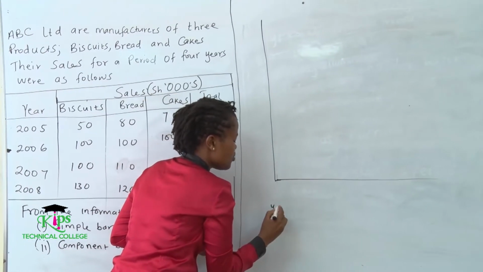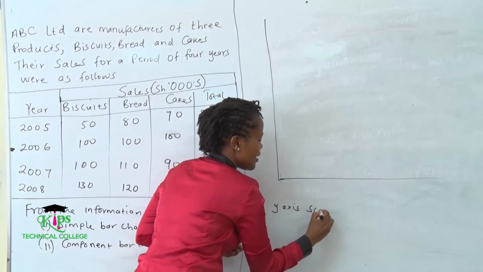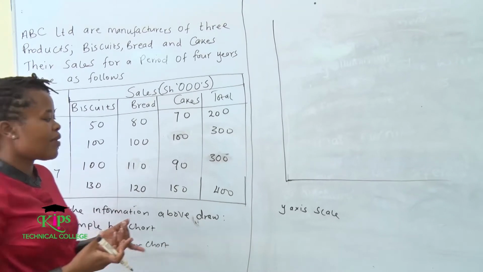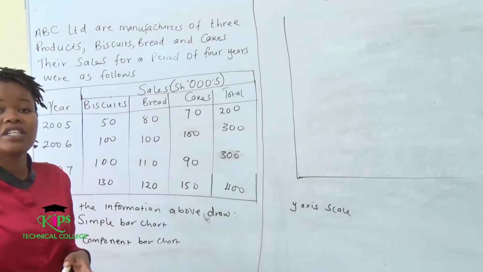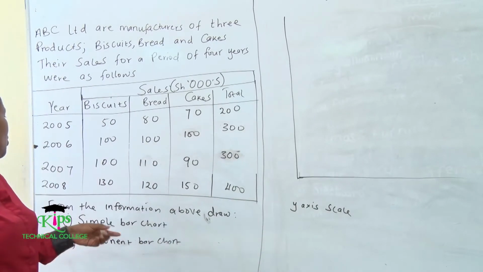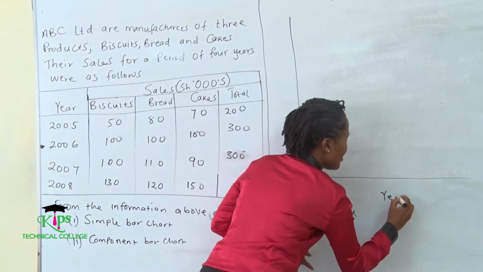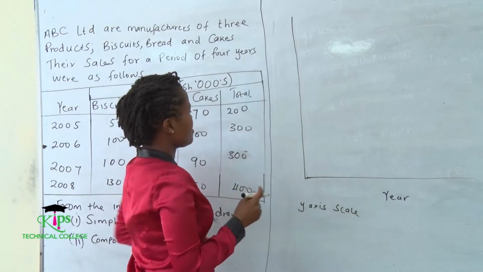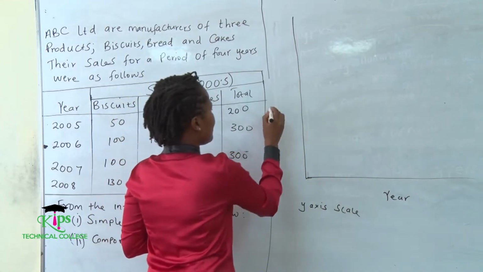That is something you need to put into consideration. For the x axis, you are only putting your independent variable, which is our years. So you have to label your axis, years. Then on the y axis we have sales.